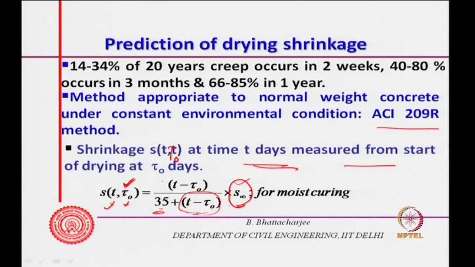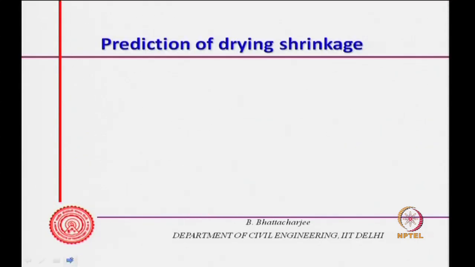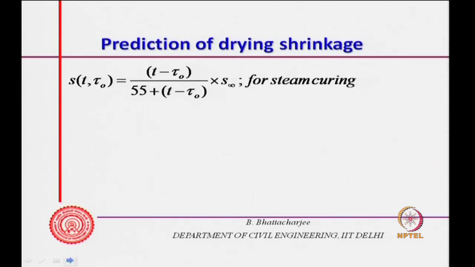So, ultimate shrinkage for moist curing. But if it is any other condition, the formula will change. So, for steam curing this value is 55. In other words, in the initial early days, when this is small, shrinkage is relatively lesser, because this value is higher.